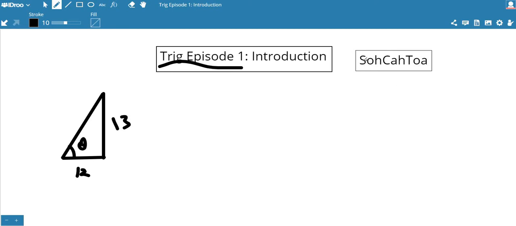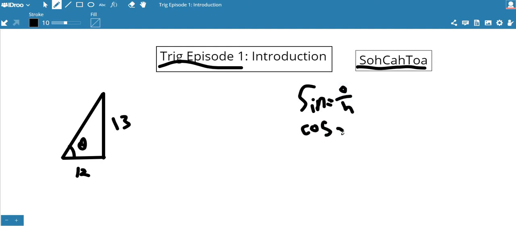So first, what I want to address is what do these mean? It's like a formula, like I said earlier. So sine equals opposite over hypotenuse.